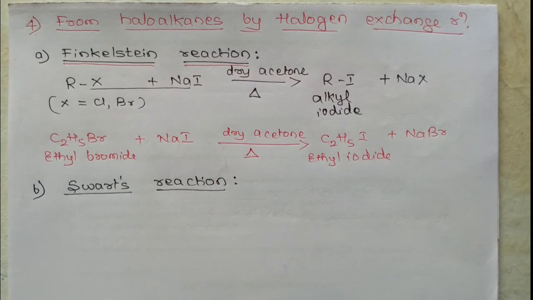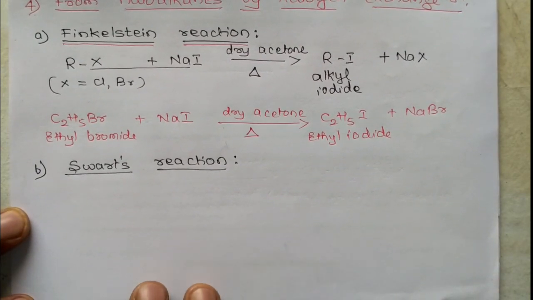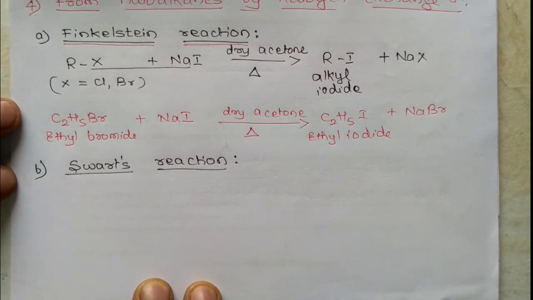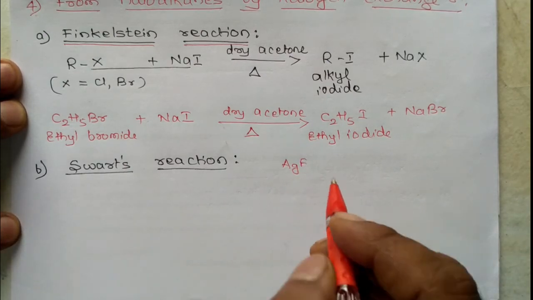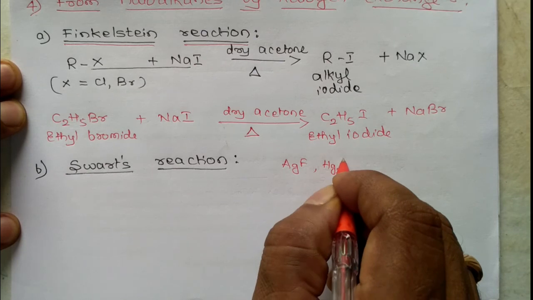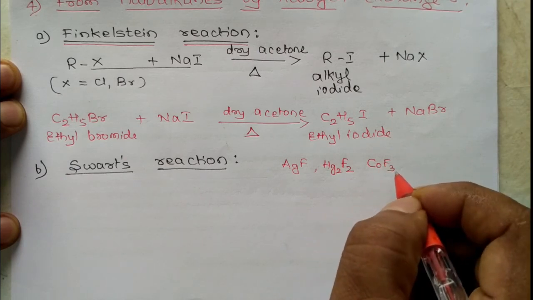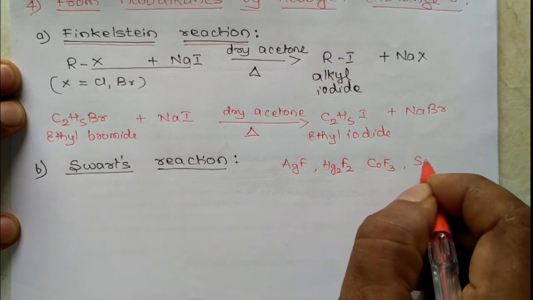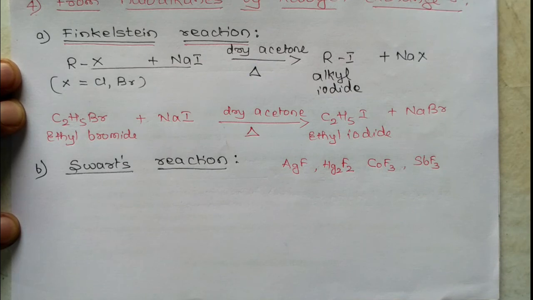Here, alkyl chlorides or alkyl bromides, both the cases same, on treatment with metallic fluorides such as silver fluoride, AgF, mercurous fluoride, Hg2F2, or cobalt fluoride, CoF3, or antimony fluoride, SbF3, give alkyl fluorides. This reaction is known as Schwarz reaction.